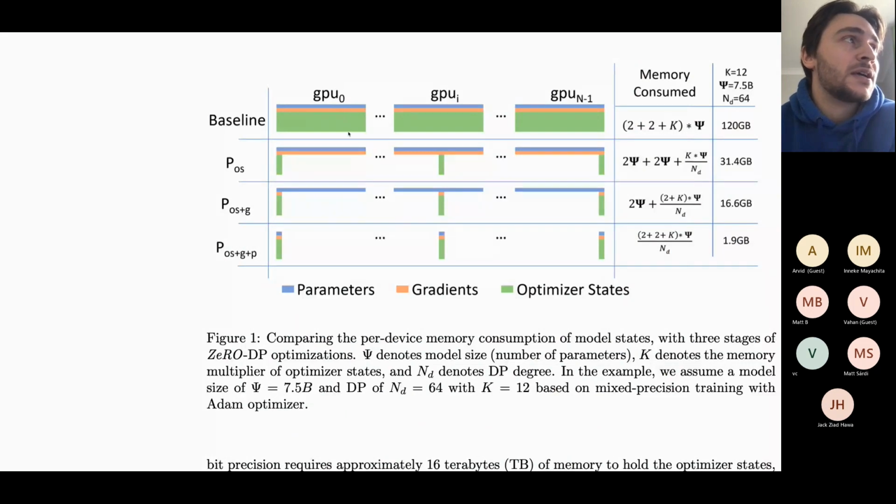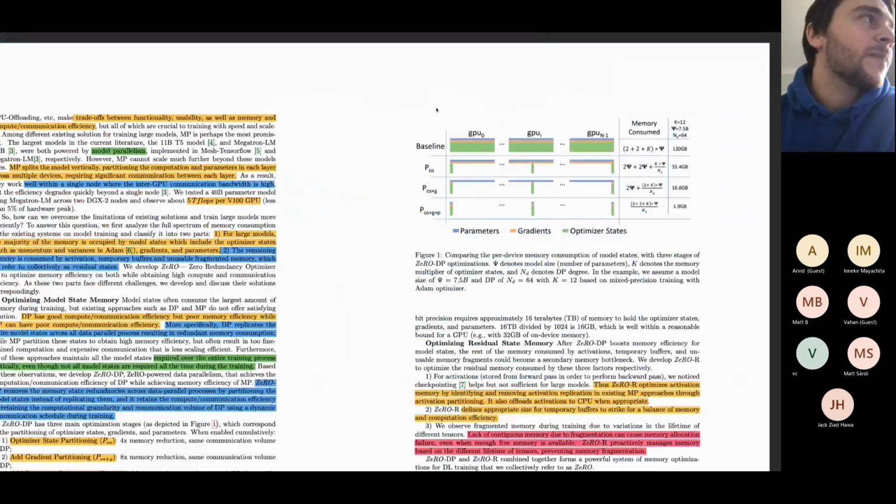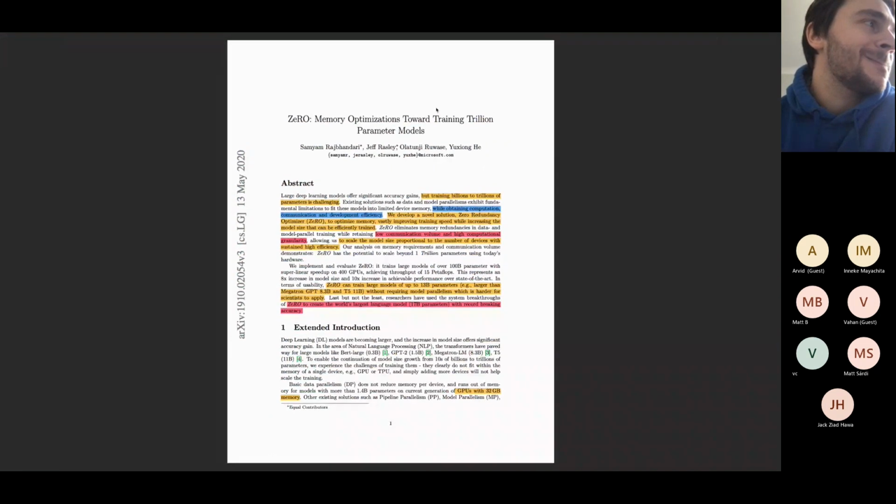Each of these three things consumes a certain amount of memory. I just wanted to introduce the idea of how much memory these different components use. I don't want to go into it more than that yet. So the optimizer uses the most memory.